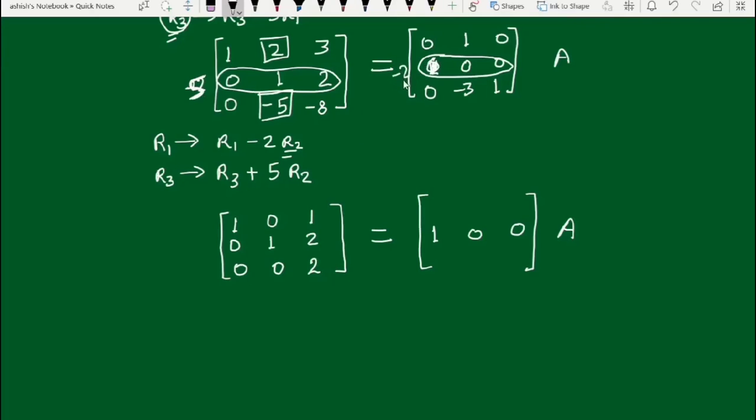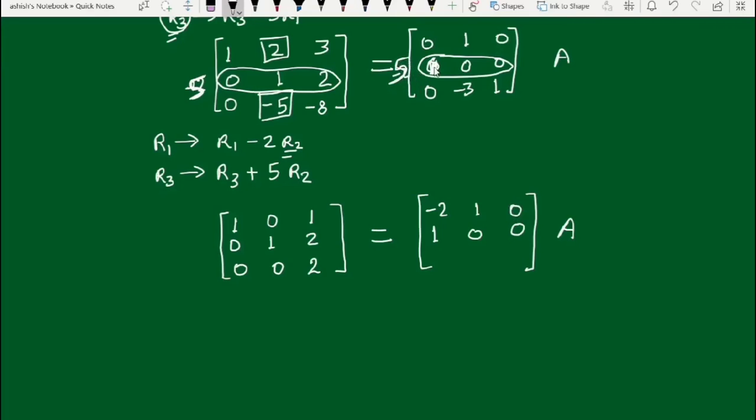Same here, this multiplied by minus 2 plus 0, minus 2, 0, 1, 0, 0.